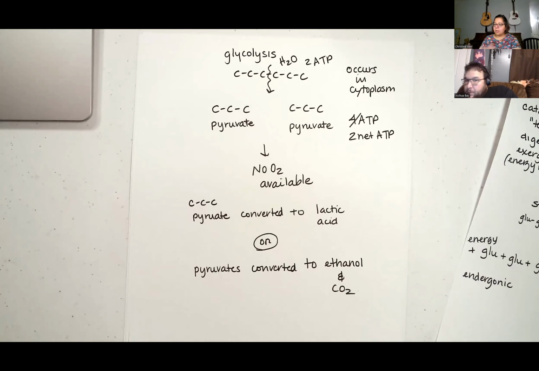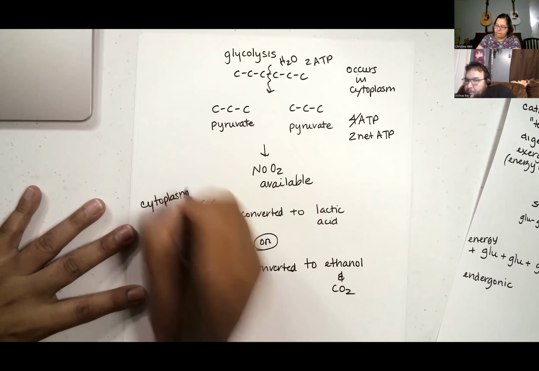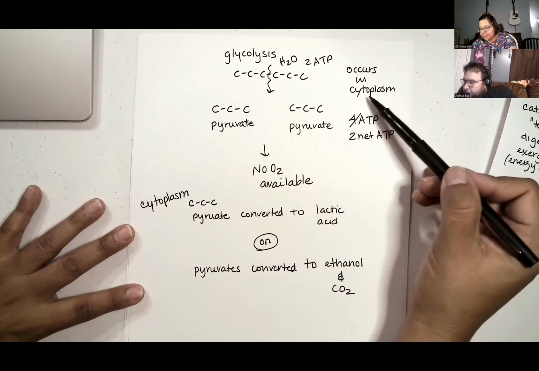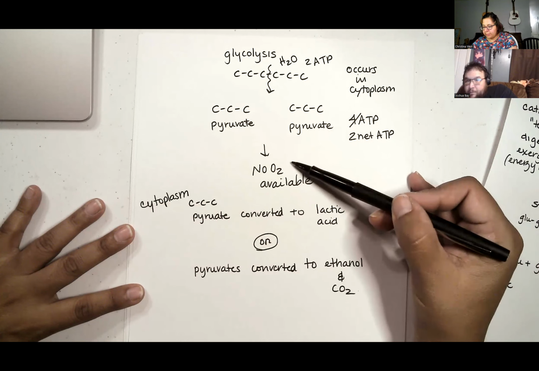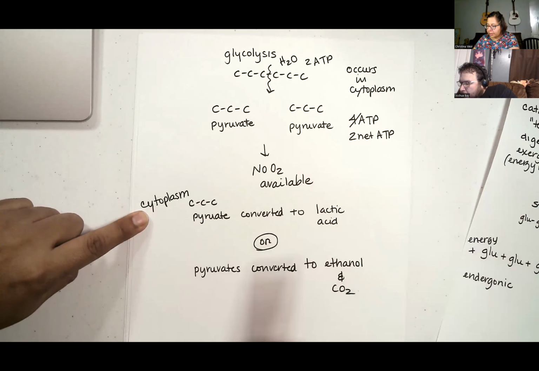This process occurs in the cytoplasm. So that means that glycolysis happens in the cytoplasm. If there's no oxygen available, then the pyruvates stay in the cytoplasm and are broken down even more.